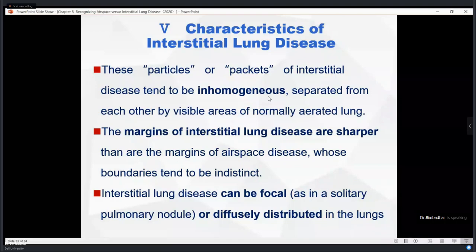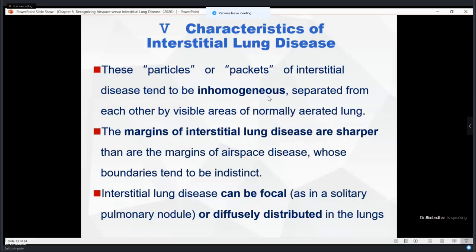For example, some areas could be more opaque and some areas more lucent. Such a pattern is called an inhomogeneous pattern, which can also be called a heterogeneous pattern.